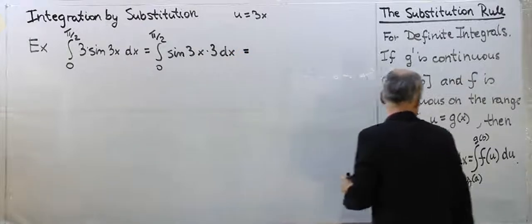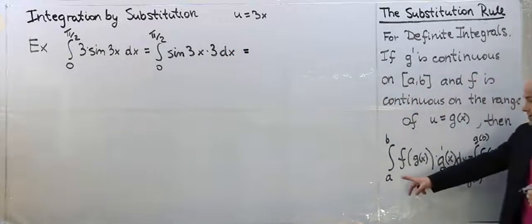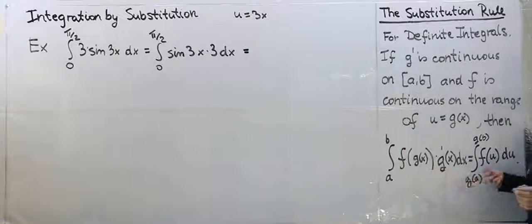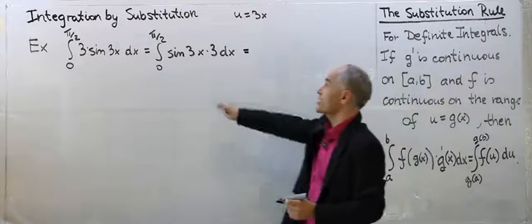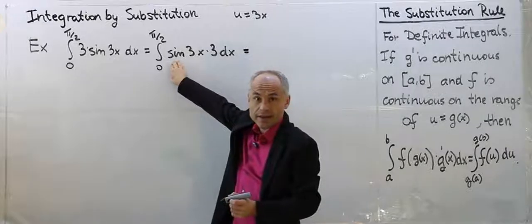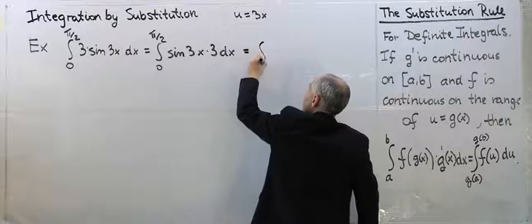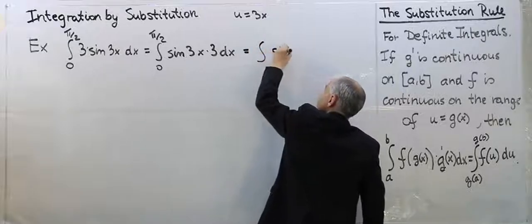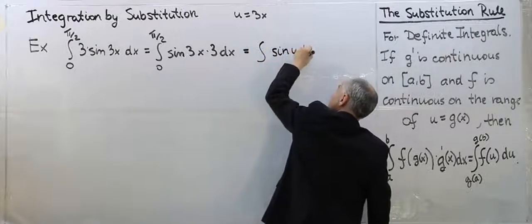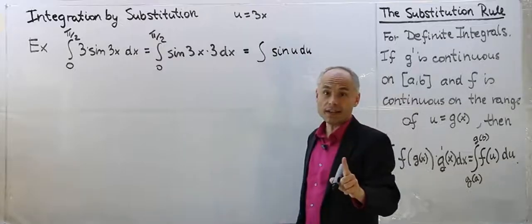So then according to our substitution rule, the integral will be simplified by just writing the integral of the outer function. And the outer function here is f equal to sine. So that would be the integral of sine of u du. And many students here will make a mistake.